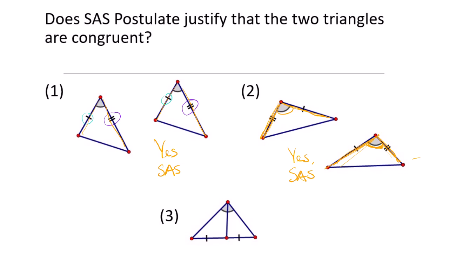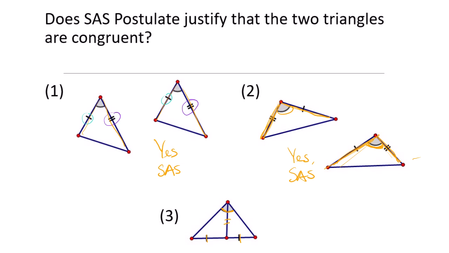All right, now number three, we have actually three triangles here, but we're trying to compare these two here and see if they're congruent. So we have one side here with one side here. By reflexive property, we have this side that they share, right? So we can say that that's congruent in each of the triangles. And then we have this angle congruent with this angle, right?